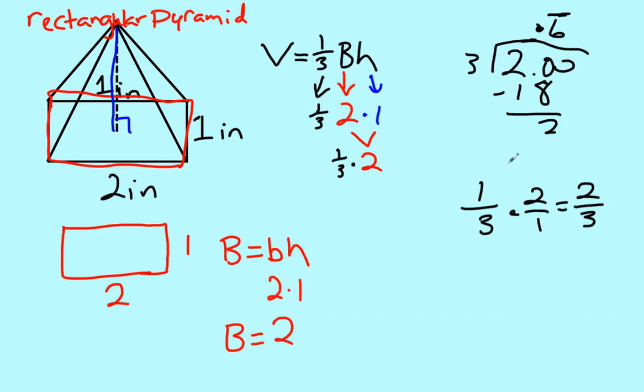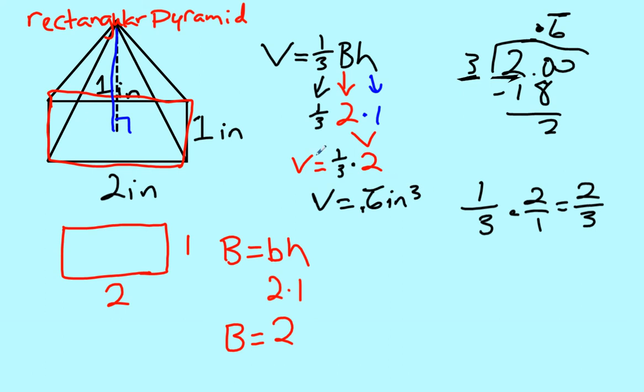And even still, when we divided here, we were literally saying what is 2 divided by 3? Well, 2 divided by 3 is still 2/3. So any way you did it, our volume is either 2/3 or 0.6 repeating. Either of those will be acceptable in inches cubed.